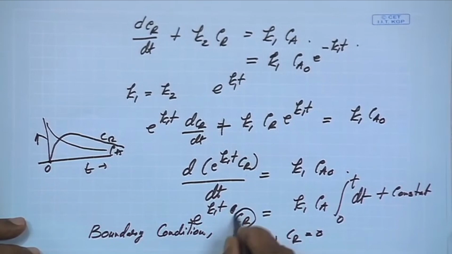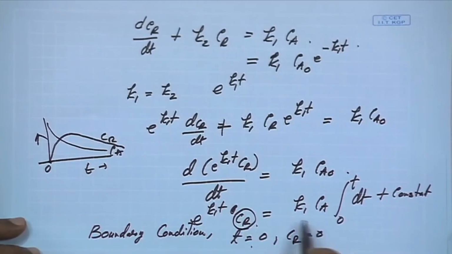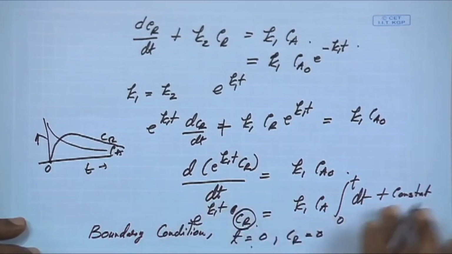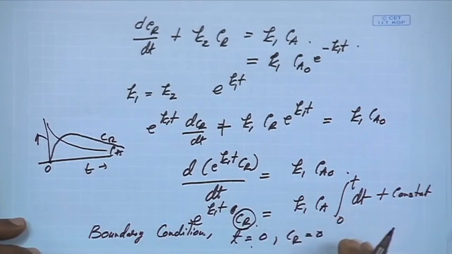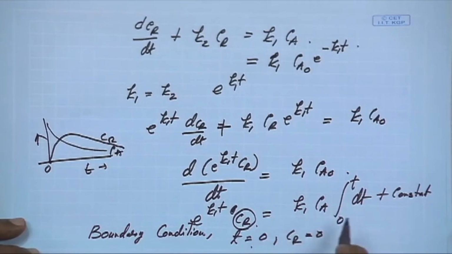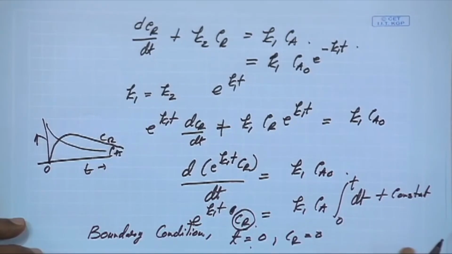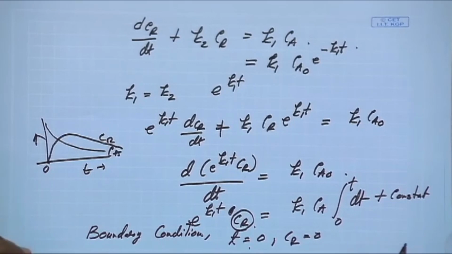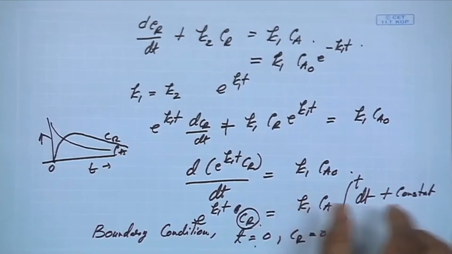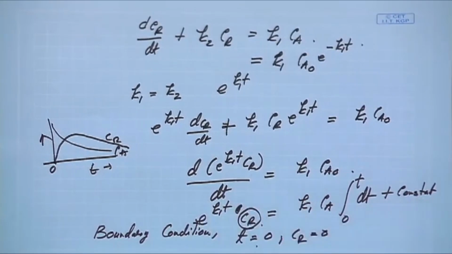If Cr is equal to 0, then this constant K1 will be 0, because this is also 0, this is also 0, so the constant will be 0.